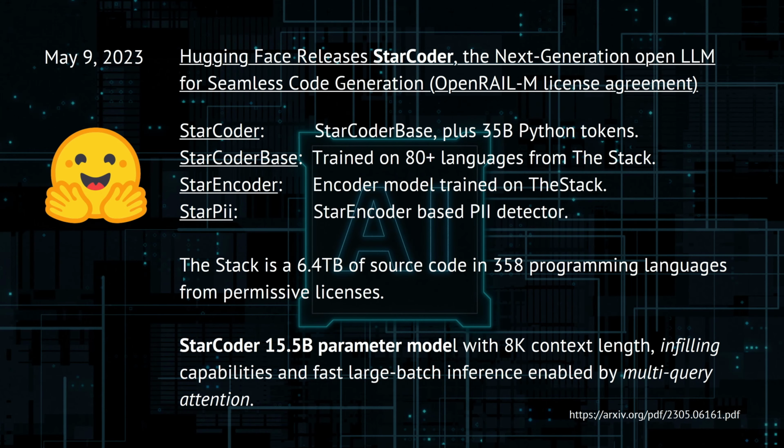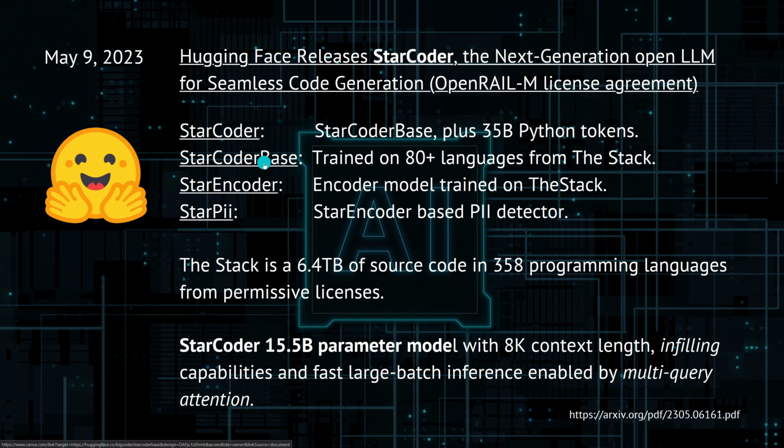Now, what is StarCoder? StarCoder is a variety of LLMs. So let me show you. At first, we have an open RAIL license agreement, which is great because it is open for research. And we have the StarCoder base. This StarCoder base was trained on 80 plus programming languages from the Stack.